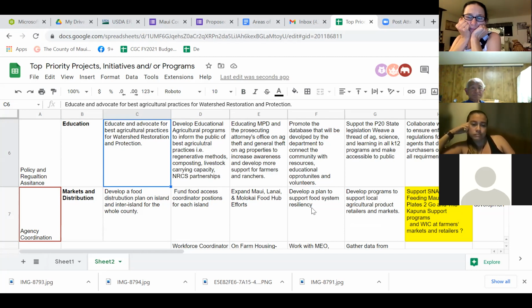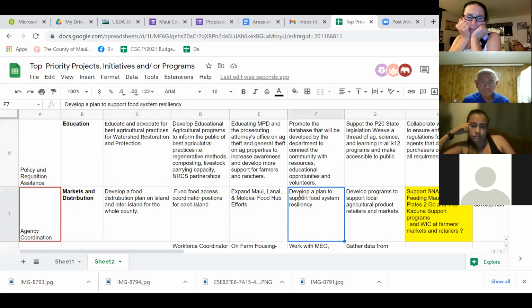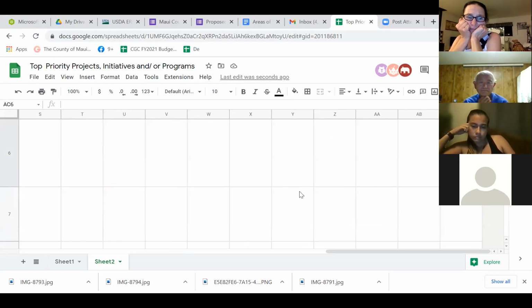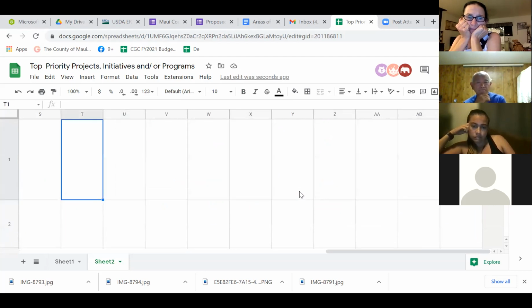Okay, the next one is develop programs to support local agricultural product retailers and marketers. I have a question on G. Maybe it's already addressed, but what about developing a program including exporting?